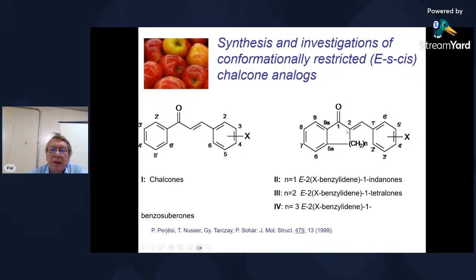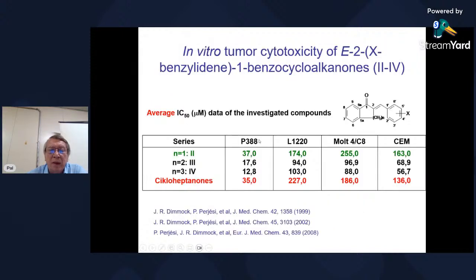In our experiments, the ring size was varied from a 5-membered ring up to a 7-membered ring, with different flexibility of the ring. In our original investigations, we investigated roughly 100 derivatives of the three series.